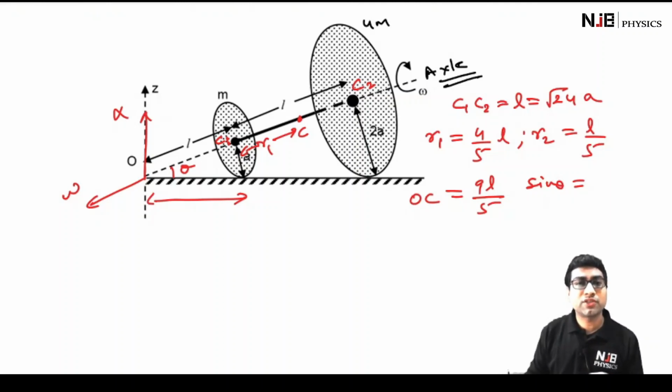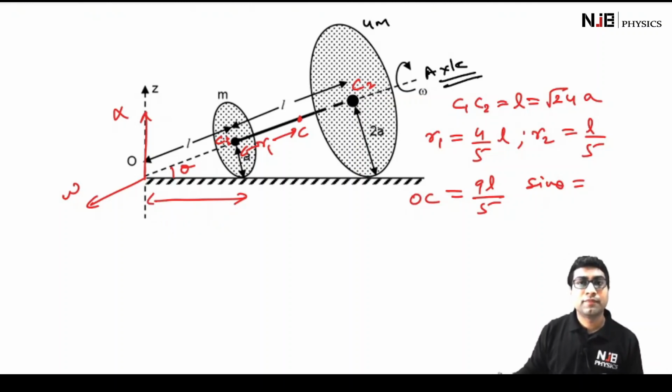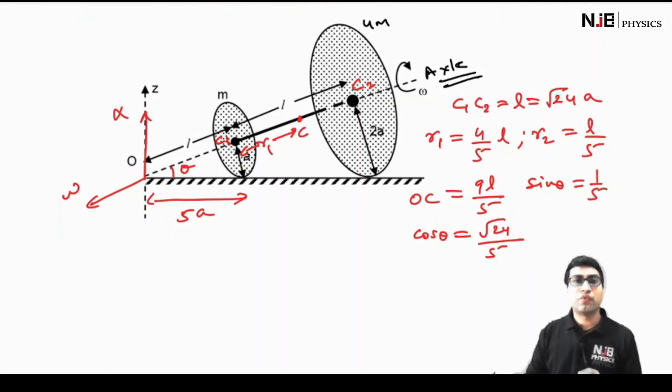So when we do that, it is going to be under root of L square plus A square. So we already know the value of L, which is under root 24 times A. So when you solve it, it is going to become 5 times A. So sin theta can be written as 1 by 5 and cos theta can be written as under root of 24 by 5.